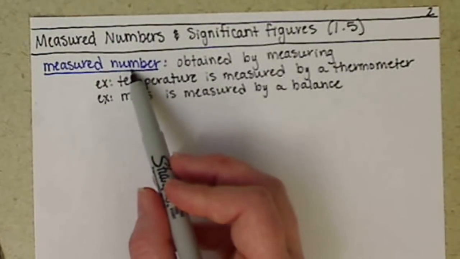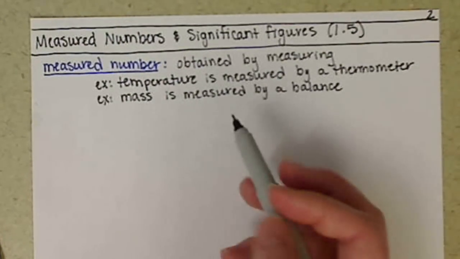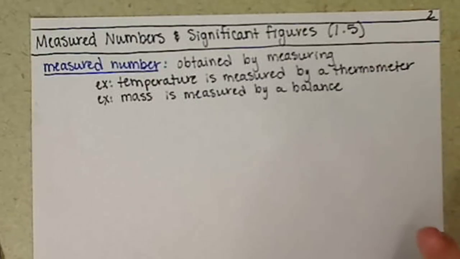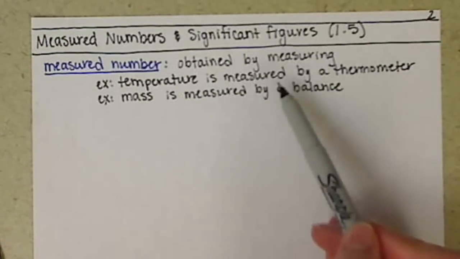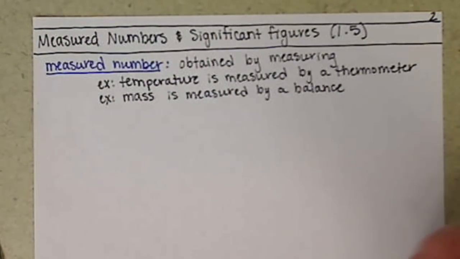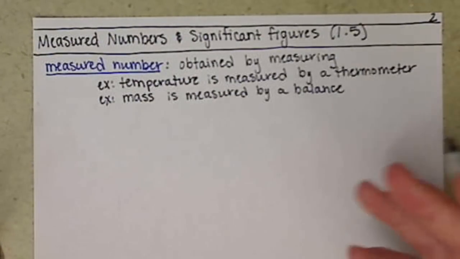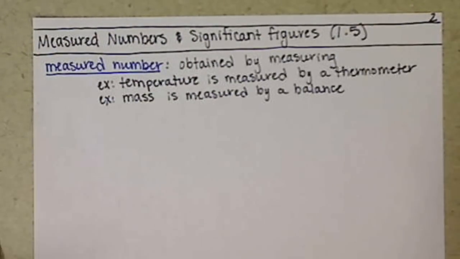What's important about our measured numbers is that they're going to have some sort of degree of uncertainty. Because we are actually measuring them, the numbers can vary depending on the type of instrument you're using, the person who's using it, how sophisticated the electronics are, if it's something electronic.